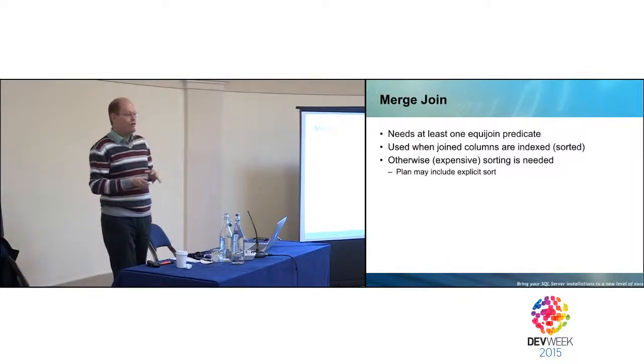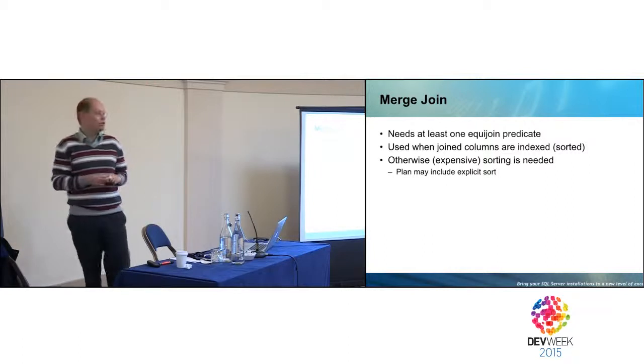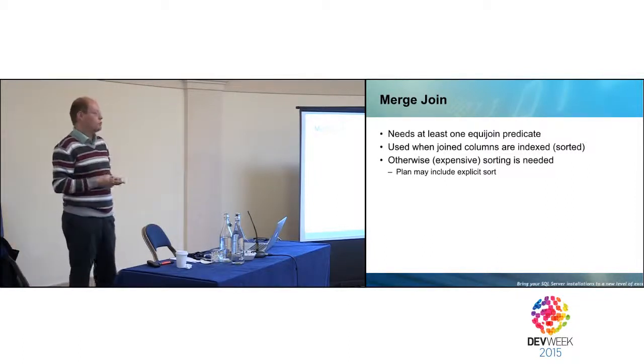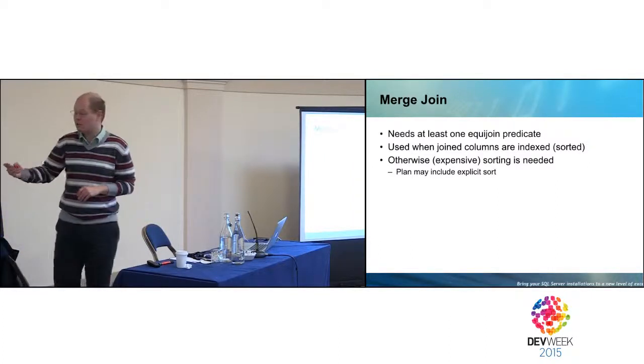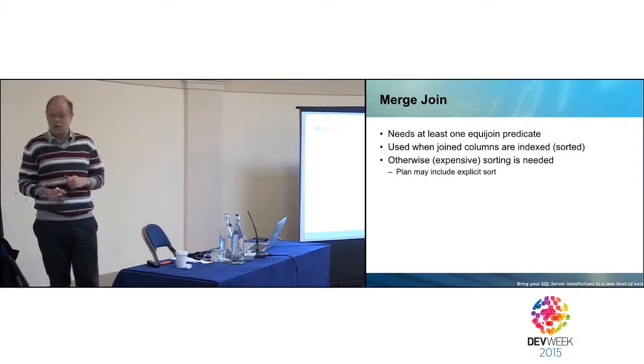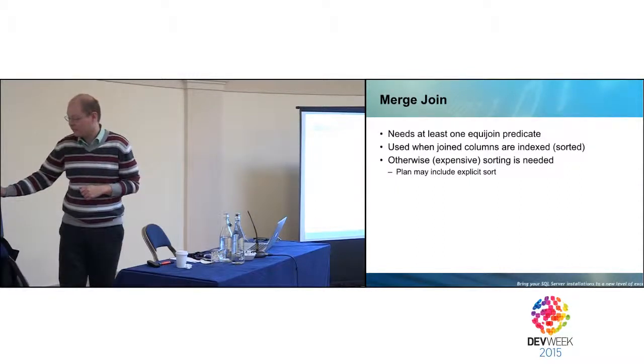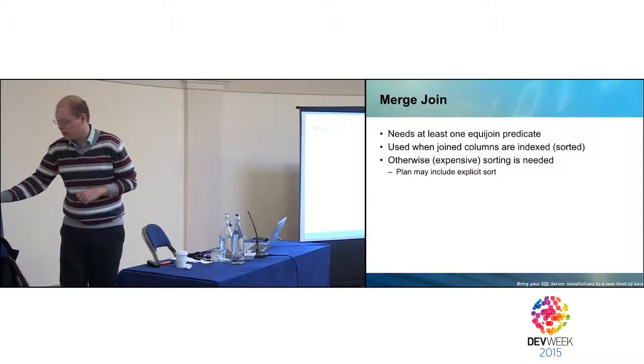As I've said, the prerequisite for a merge join is sorted input. How can you achieve sorted input for a merge join? Join on indexed columns means when we have a clustered index or non-clustered index, then we provide sorted input. It can also be the case that the query optimizer introduces an explicit sort operator.